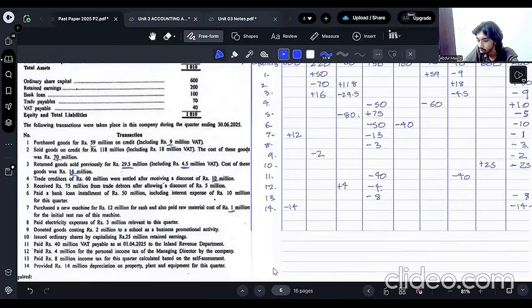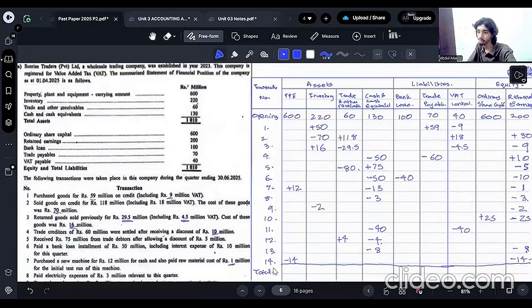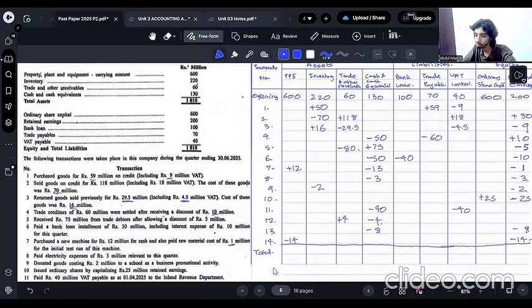Okay. Then you can find the totals. That's all. Total PPE is going to be 600 plus 12 minus 14. That is 598. Inventory 220 plus 50 minus 70 plus 16 minus 2, 214.